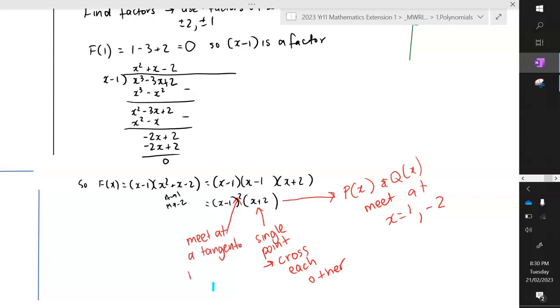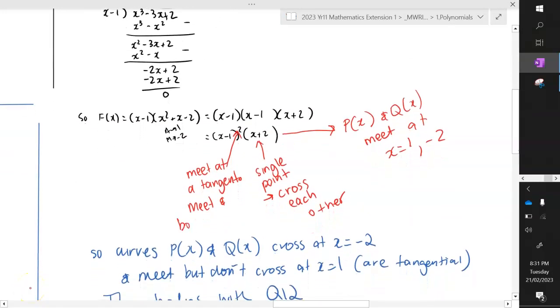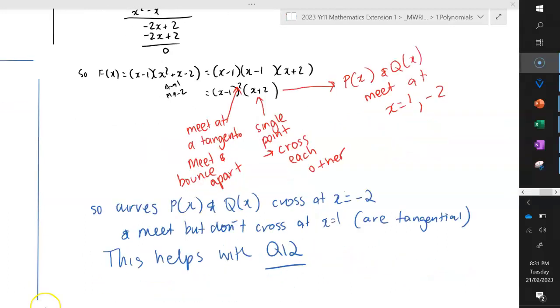Or we can think of them as going to meet and bounce away from each other again. So meet and bounce apart. So they basically meet at a tangent. I've written that a little bit neater at the bottom.